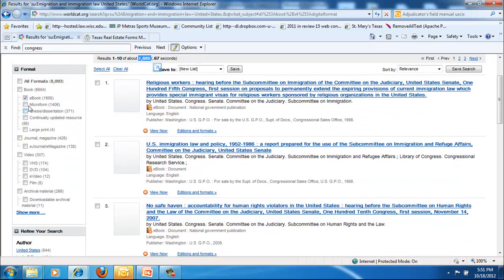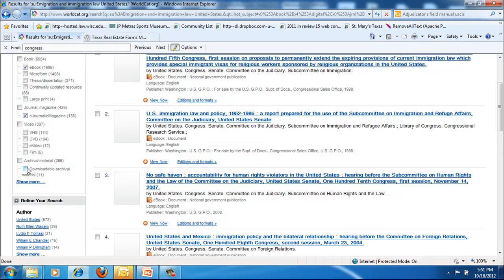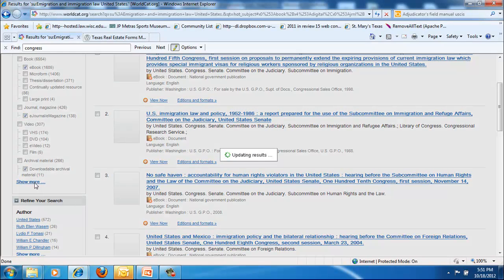I'm going to come over here and look. Well, ebook is not the only format that's electronic. These formats were assigned starting back even in the 80s, 90s, so actually there are a lot of formats for electronic material. And I'm going to have to find those and click them.